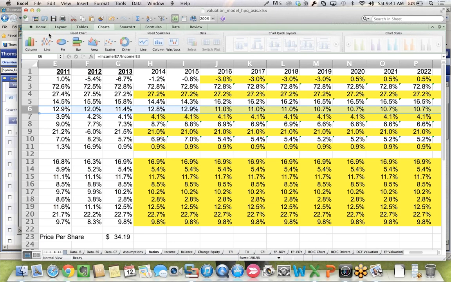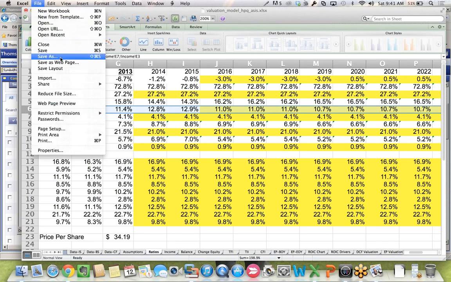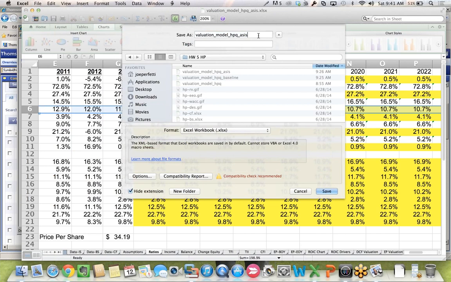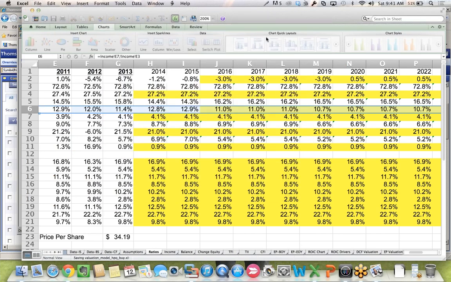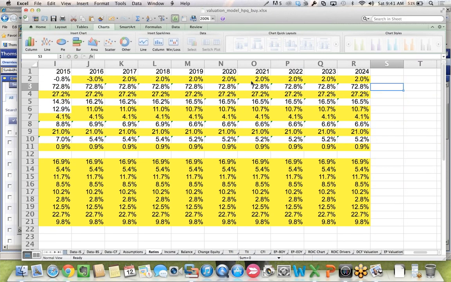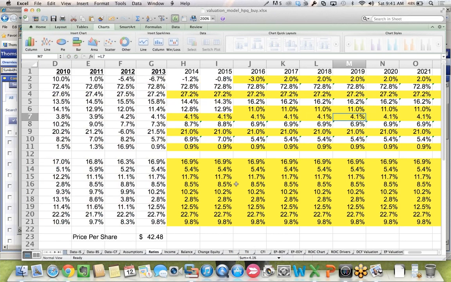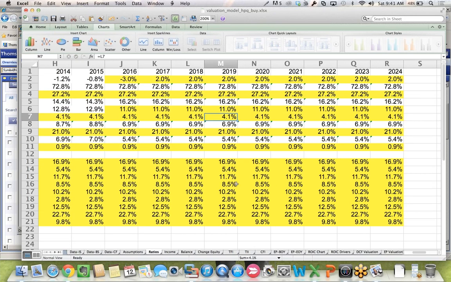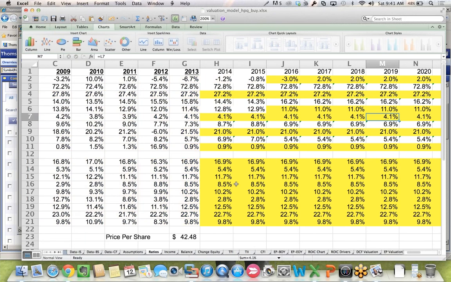I put the growth at 2% from 2017, I believe, going forward. I kept it at that constant rate, and I didn't have the margins going that low. I think I had the margins stopping at around 11%, so rather than 10.7 in 2019, I had that at 11% going all the way out.